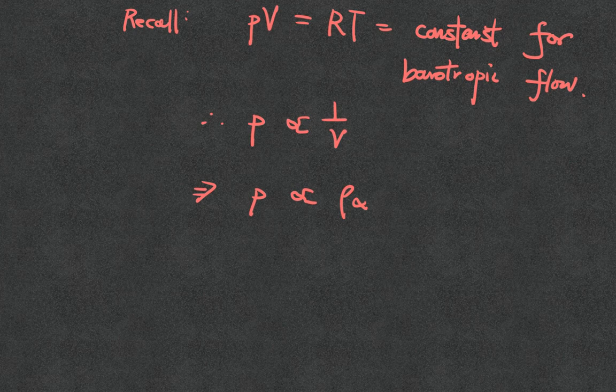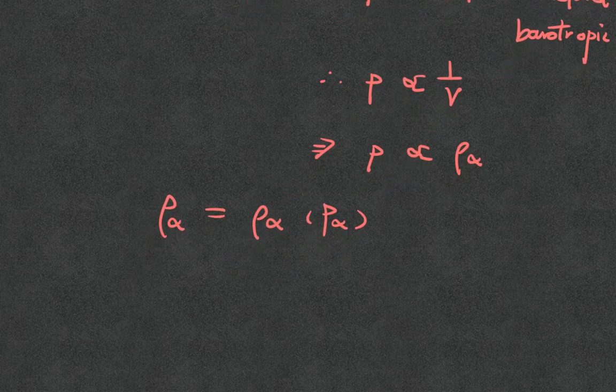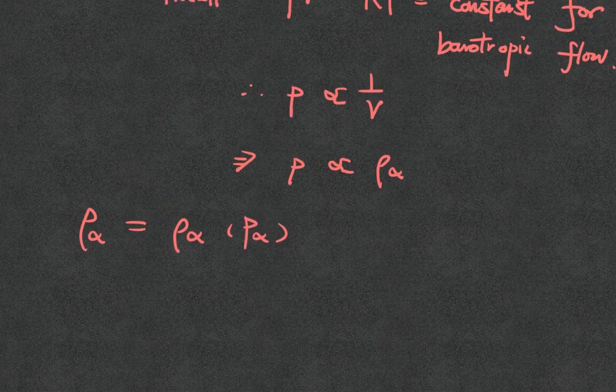Now, if this is the case, then what we want to write is the intrinsic density as a function of P. Does that make sense? Or we can also write the inverse, assuming that the inverse exists, that P is also a function of the density.